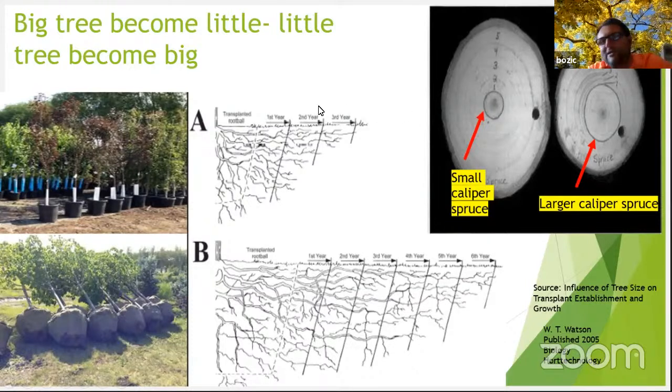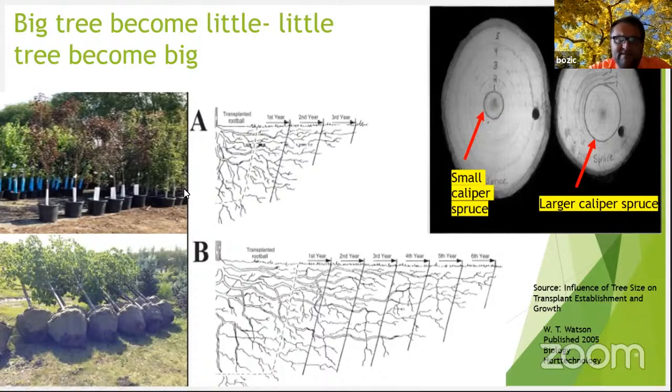And again, that's directly related to the roots and root development. So the big caliper trees have a much harder time developing the roots, which basically support the aboveground trunk and leaves and branches and everything else.